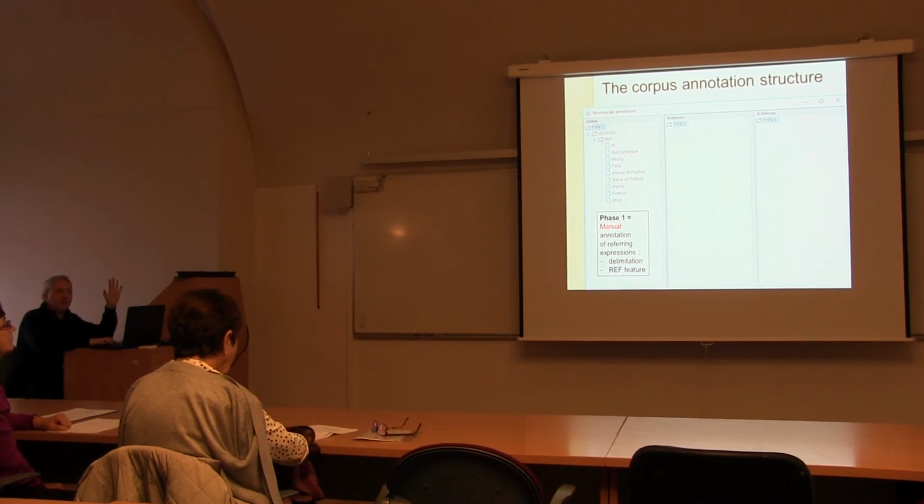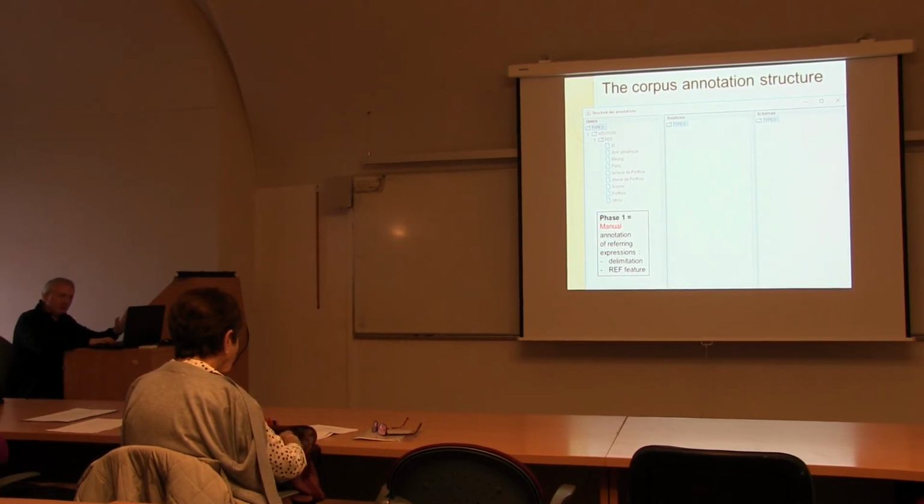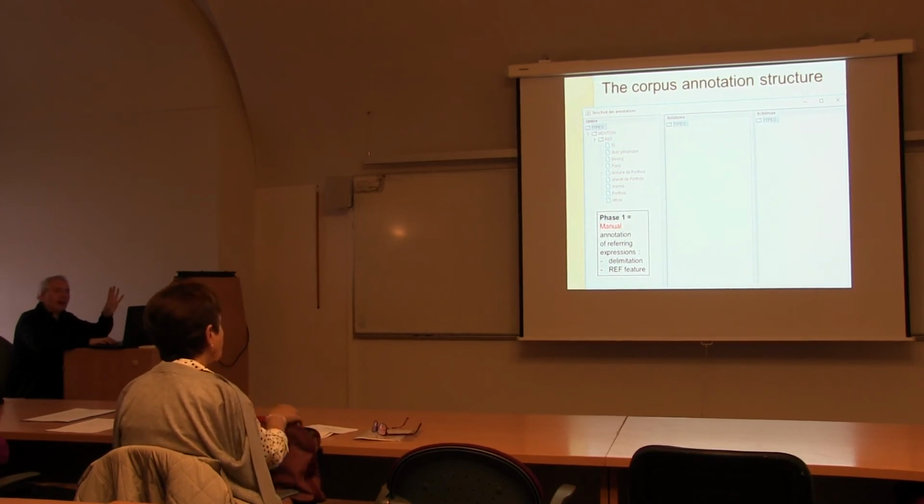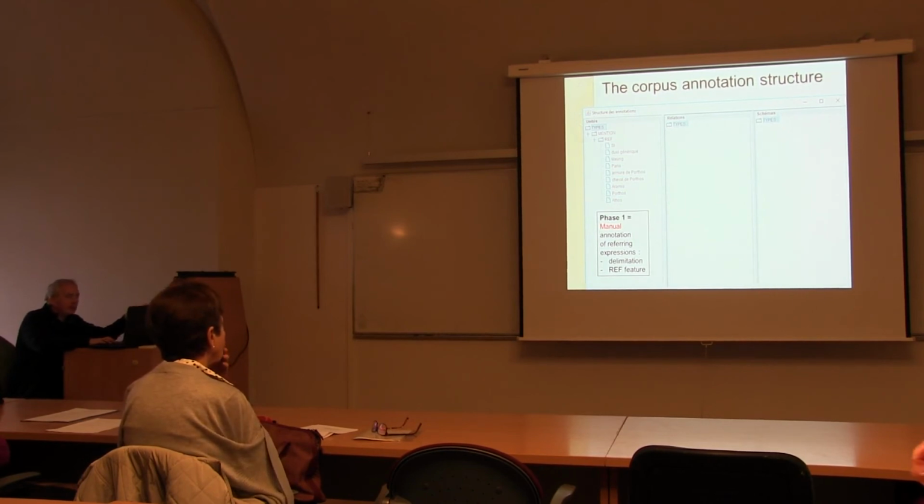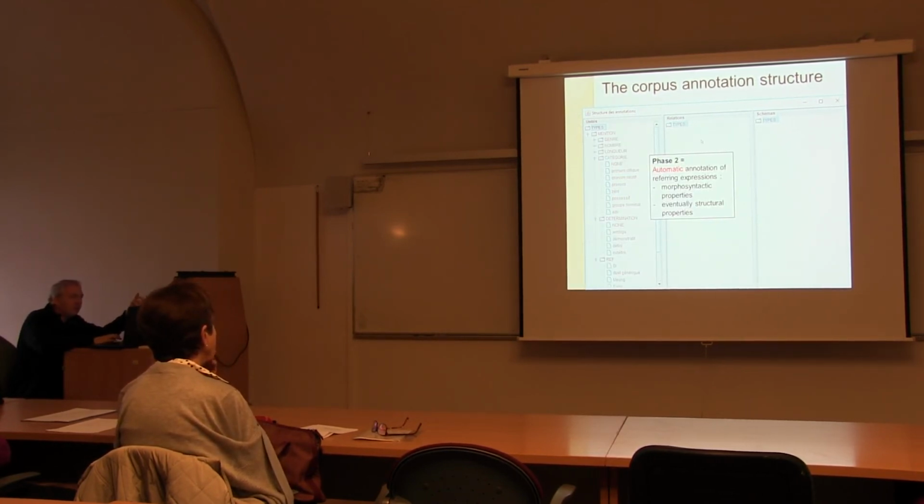This is phase 1. After phase 1, we want to launch a number of scripts to extend this corpus automatically with properties like morphosyntactic ones and eventually structural ones, for instance, the number of words of each expression.